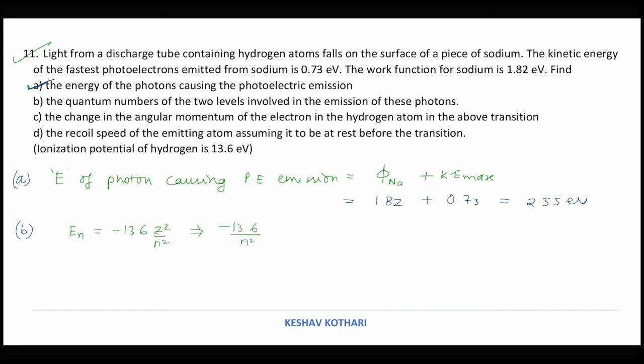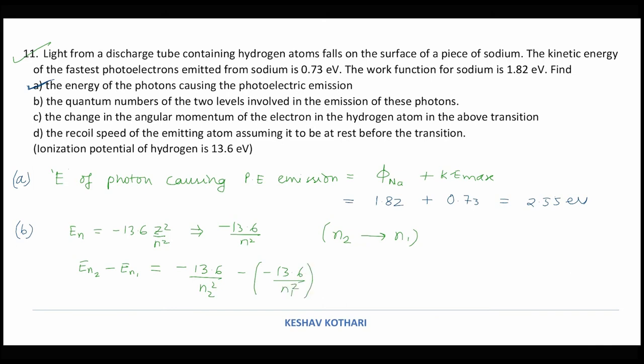Now let the electron jump from n2 to n1. So if the electron is jumping from n2 to n1, we can write the energy as En2 minus En1, and the value can be written as minus 13.6 by n2 square minus of minus 13.6 by n1 square.